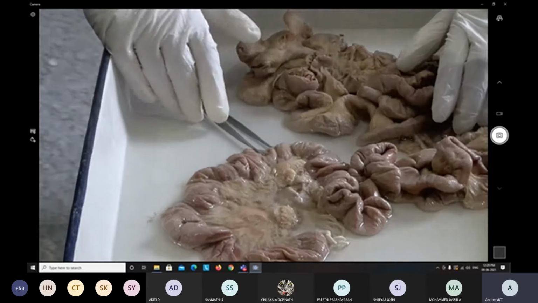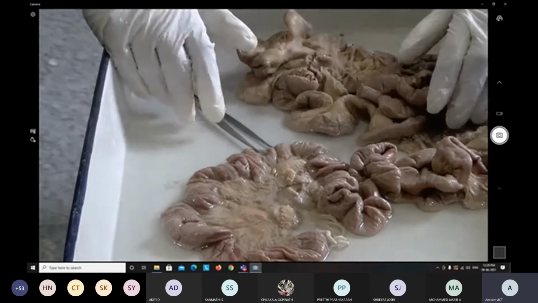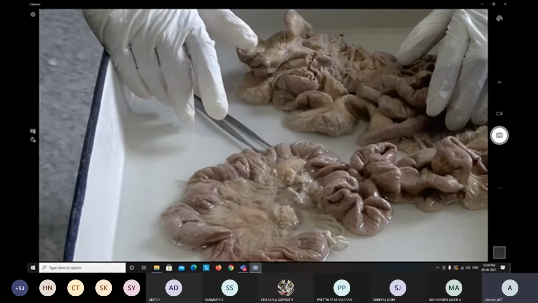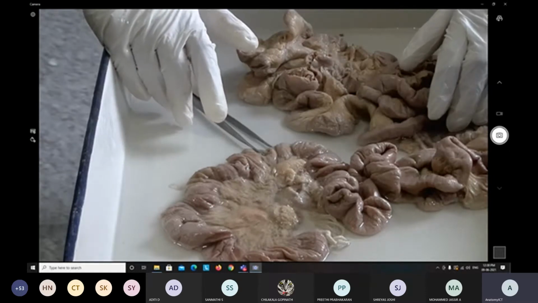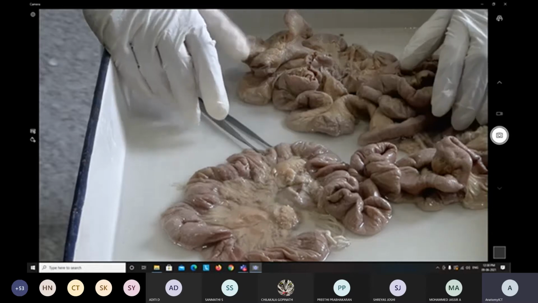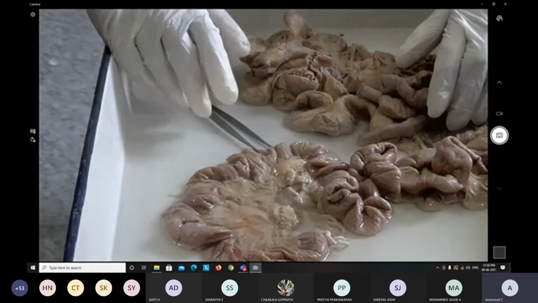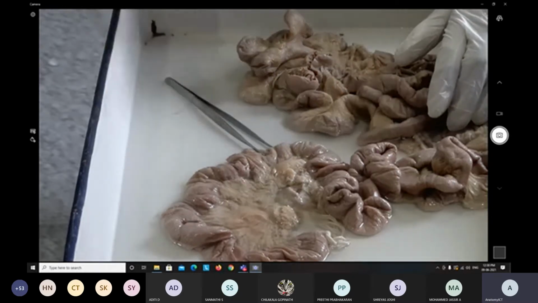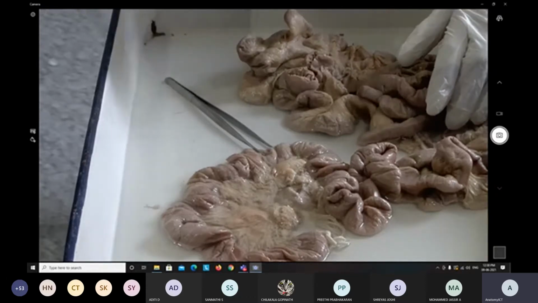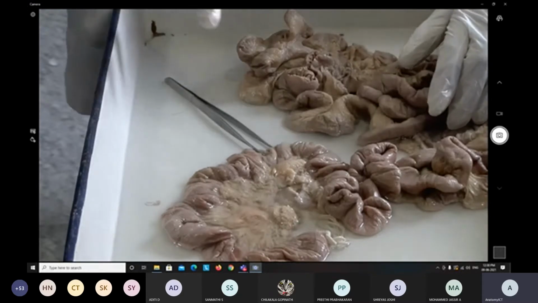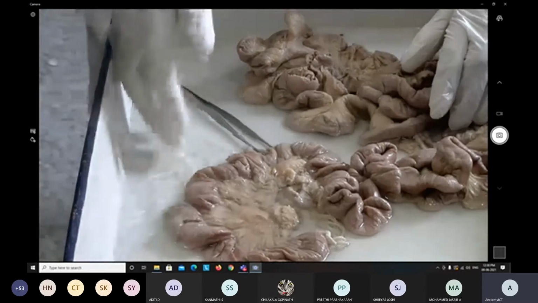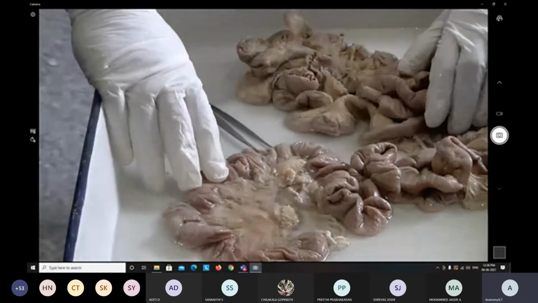The anterior relations of the right kidney are the right renal vessels, the right edge of the inferior vena cava, and the right psoas major muscle. So these are the four important contents that come in the posterior relations of the second part of the duodenum.